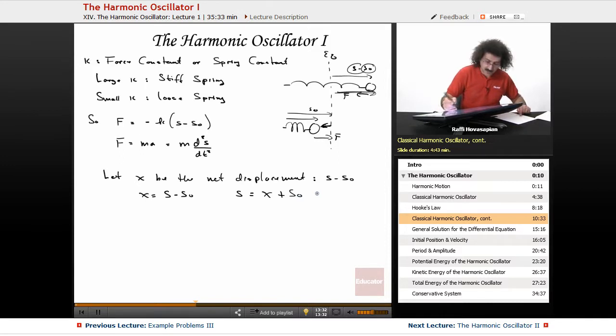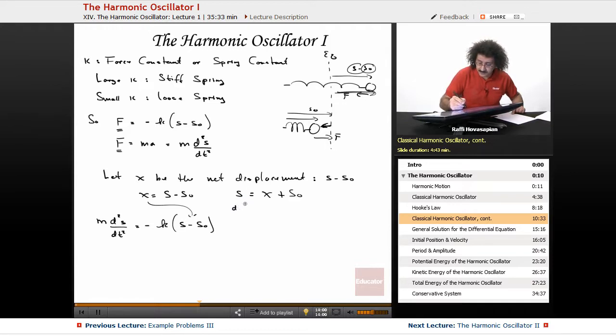So now, F and F, I'm going to set them equal to each other. So I have m d squared s over dt squared equals minus k times s minus s0. Well, we said that x is equal to s minus s0, so I'm going to put x in for that. And for d squared s over dt squared, I'm going to take the derivative of this.